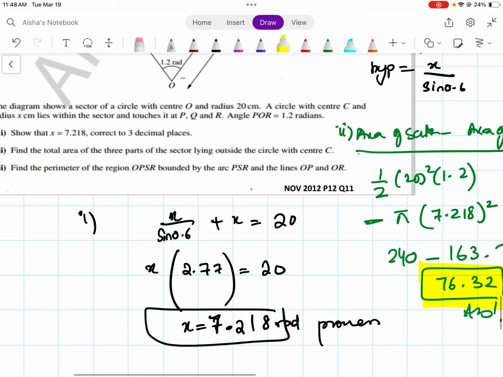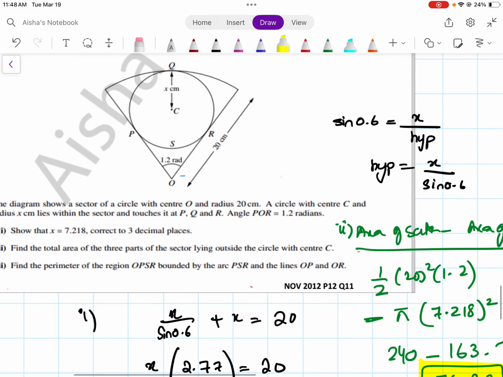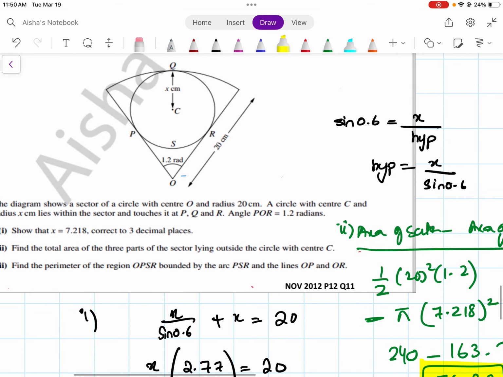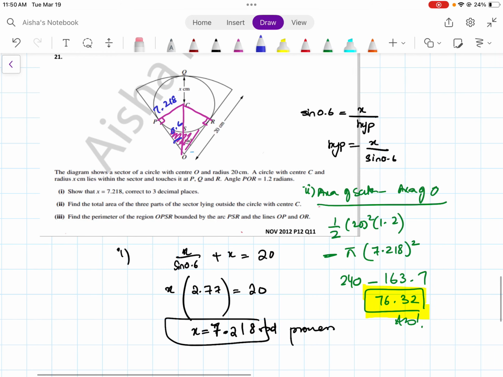Alright, now find the perimeter of the region OPSR bounded by the arc OPSR. Okay, so this is the area that we have to find out. Interesting area. Let's make this a right angle triangle. Okay, so my CP length is 7.218. OP length we can find out. How do we know this is 0.6?